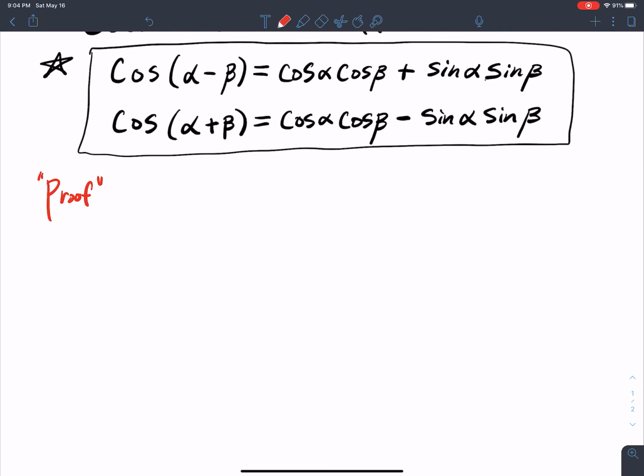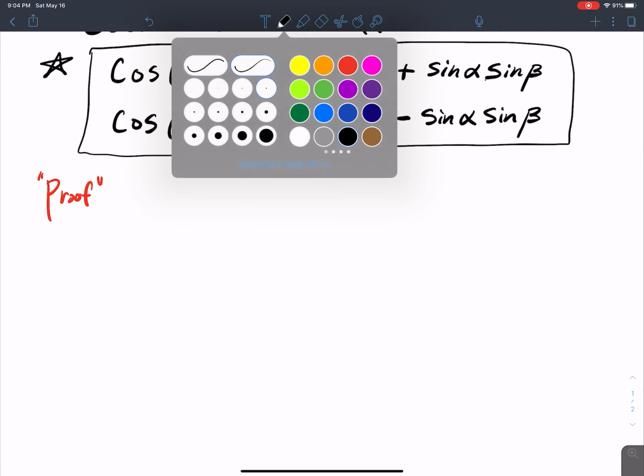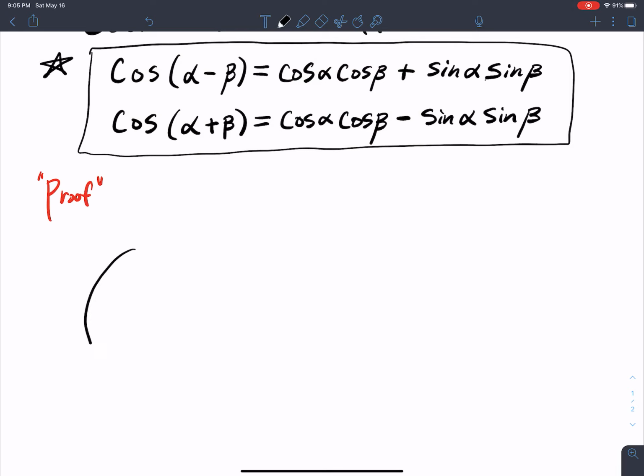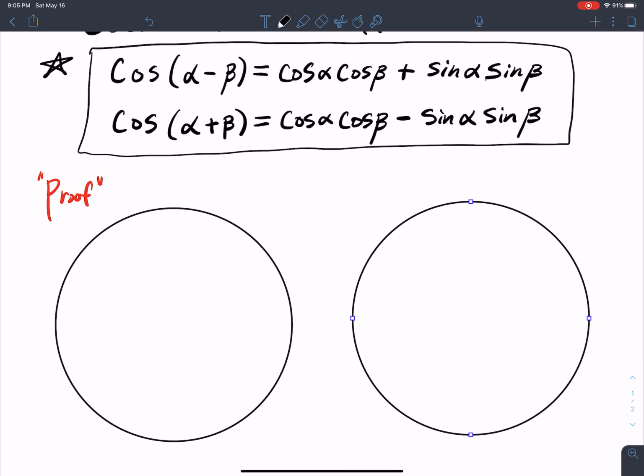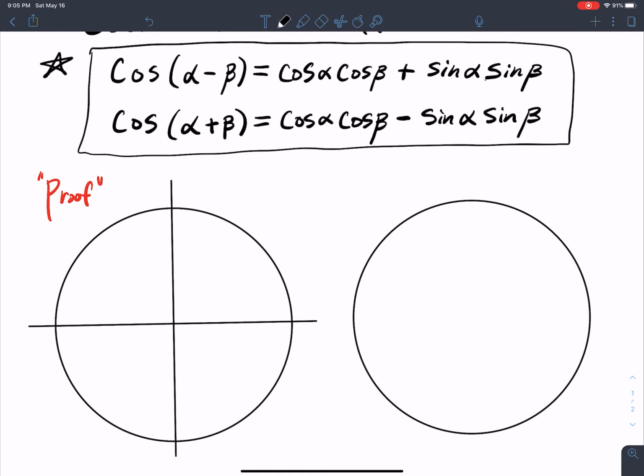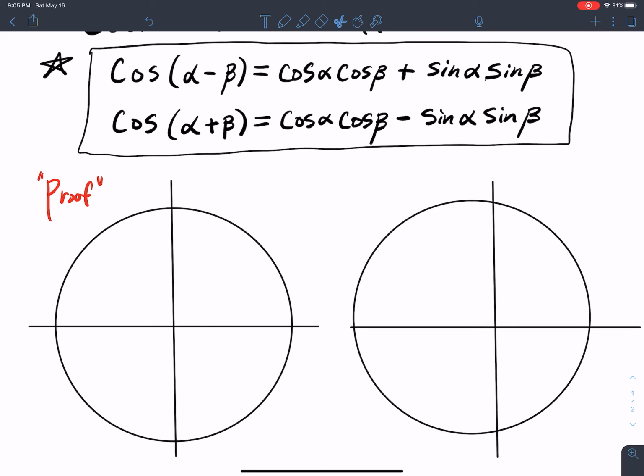Okay, so let's take a unit circle. Let me make two of these. All right, so we've got a unit circle.